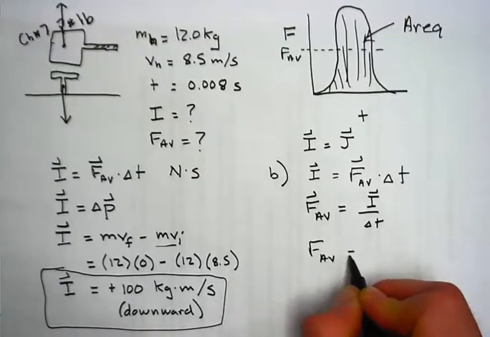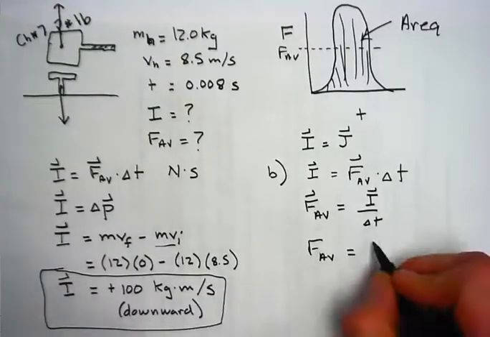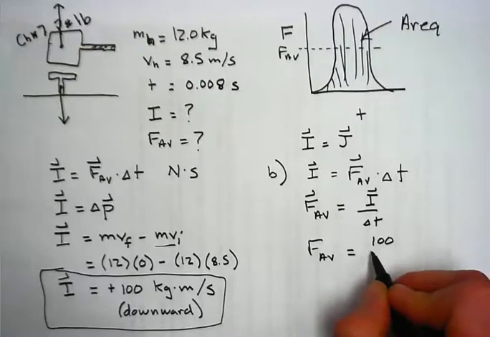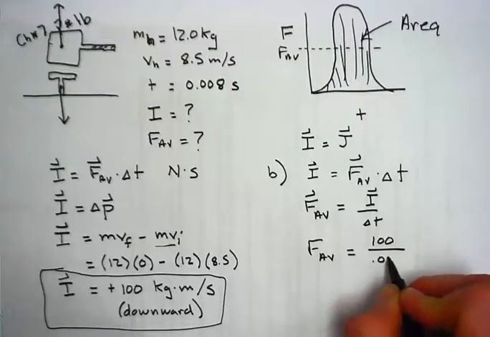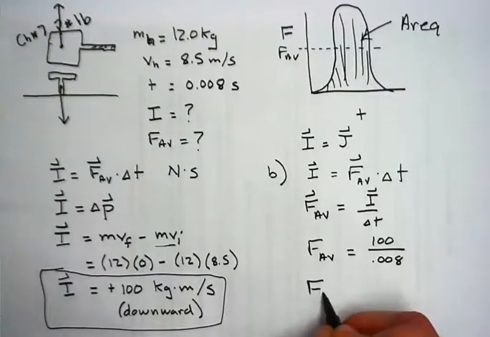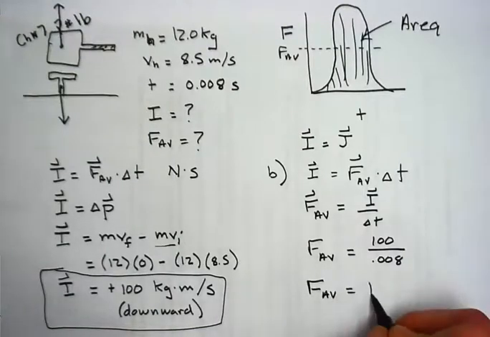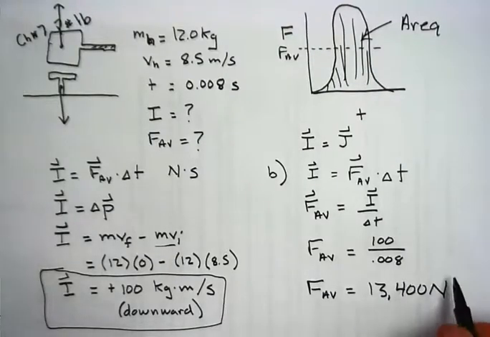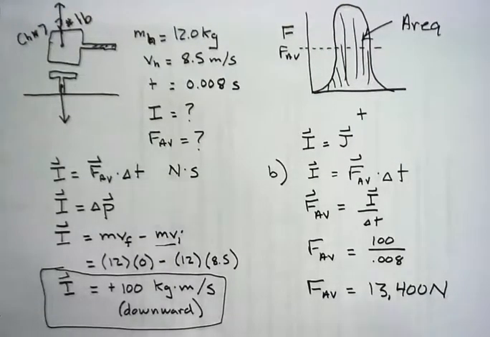So the average force would be equal to the impulse, 100 kilogram meters per second, divided by the time, 0.008 seconds, all right? That gives us an average force of 13,400 newtons, all right?